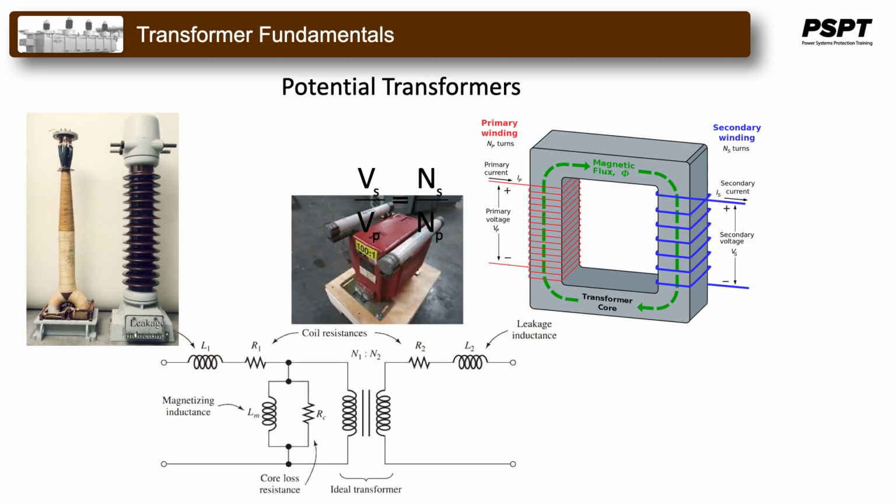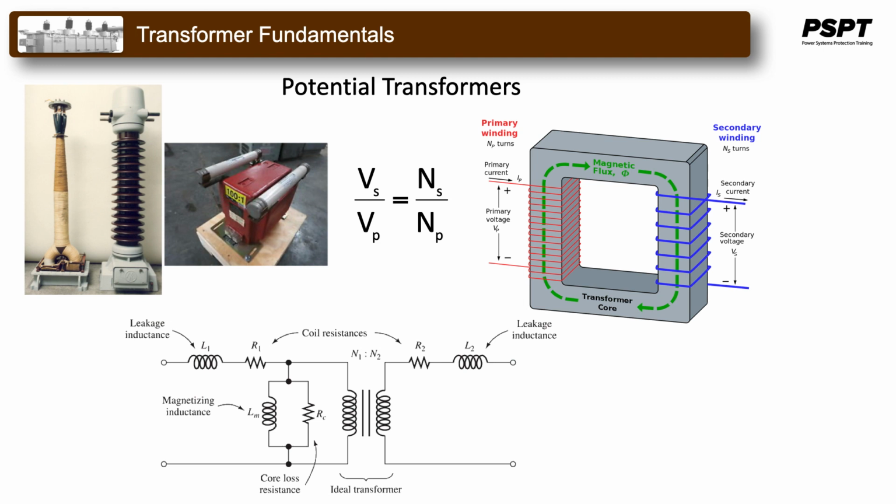These two errors are called ratio errors and phase angle errors, and may be represented and taken into consideration by using the equivalent circuit of a real transformer, which is shown here.